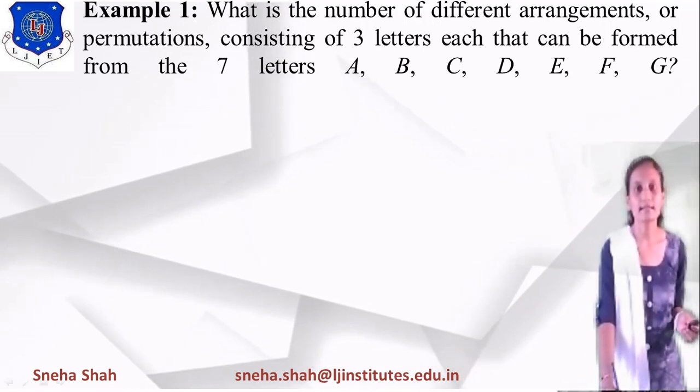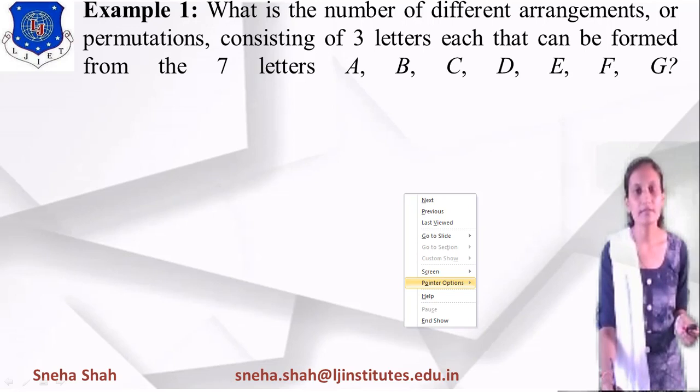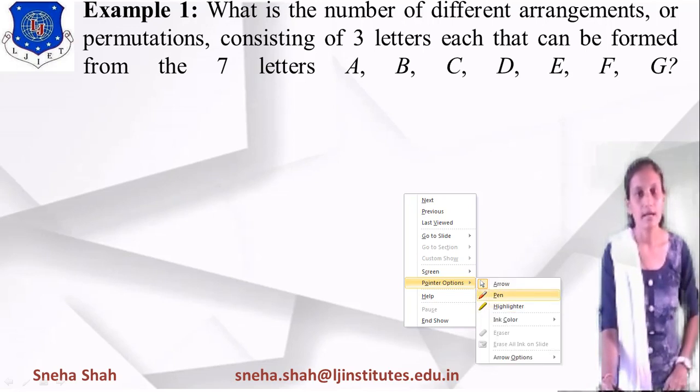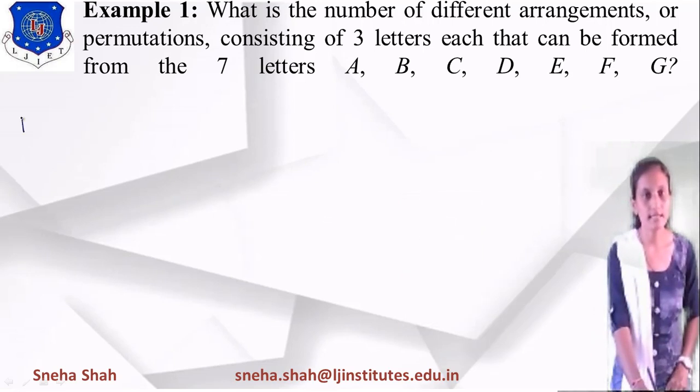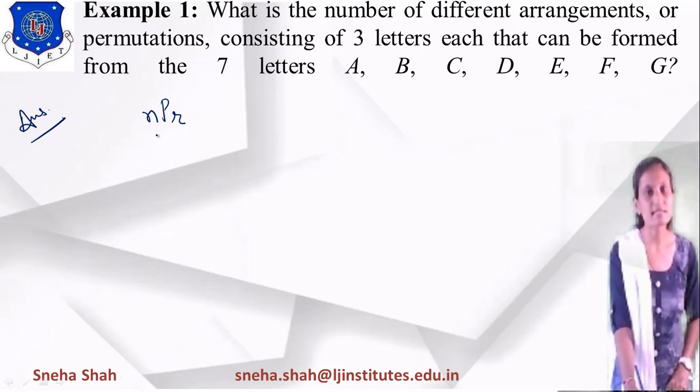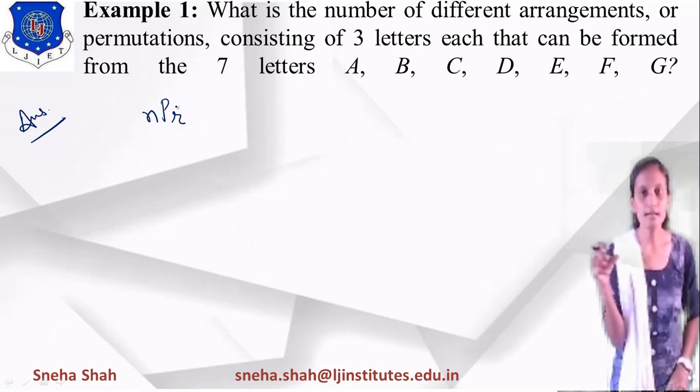If we find this, it is defined by permutation. Now if we solve this using the permutation equation nPr, n means the total number of terms and r means the particular selection.